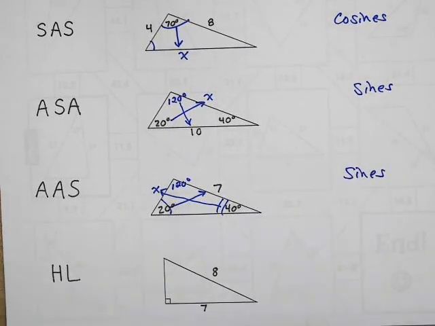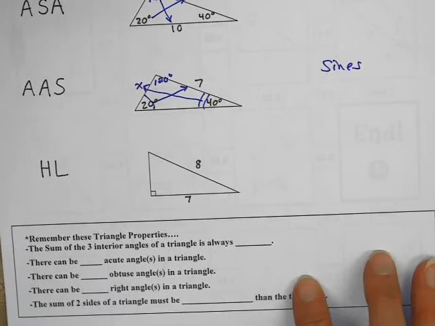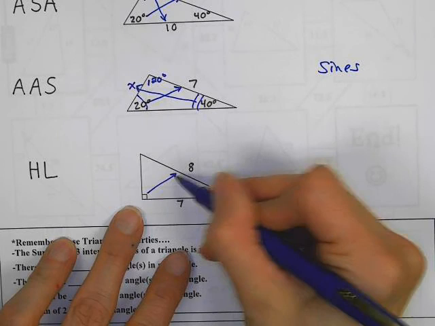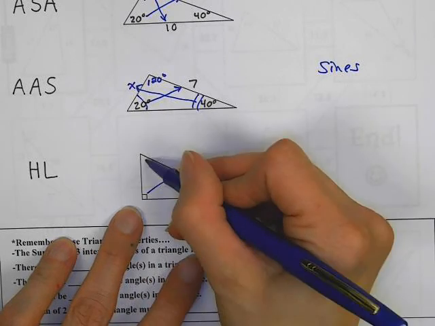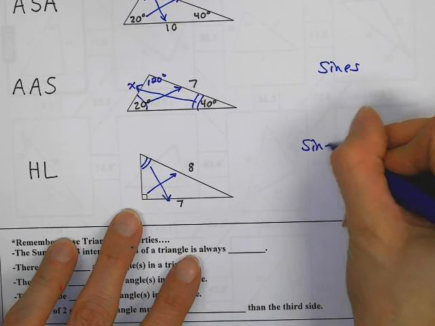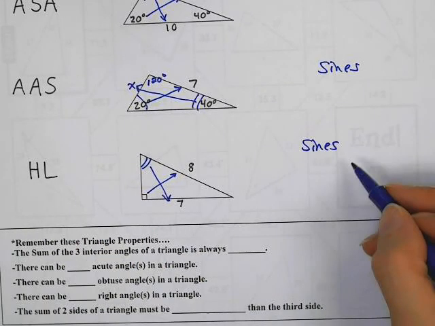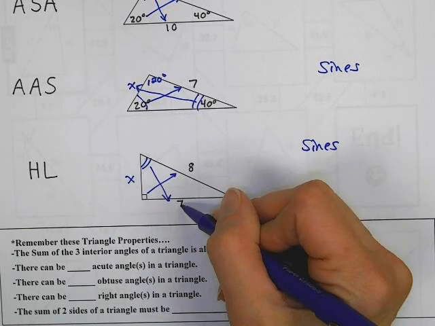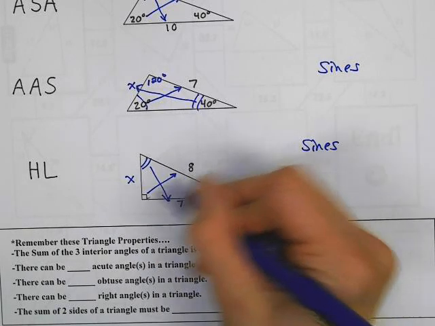Okay, what if it's an HL triangle? Can we do law of sines? Sine of 90 over 8, sine of angle over 7. Yes, you could do law of sines. Can you do law of cosines? x squared, 7 squared, 8 squared, and the angle 90.